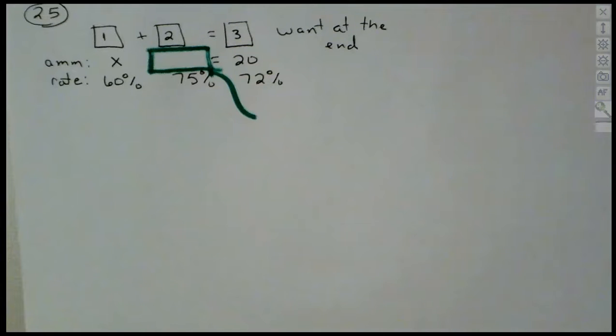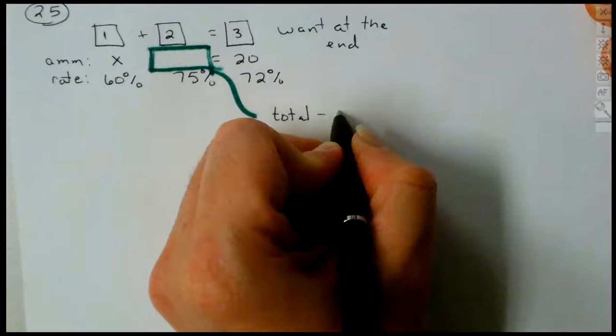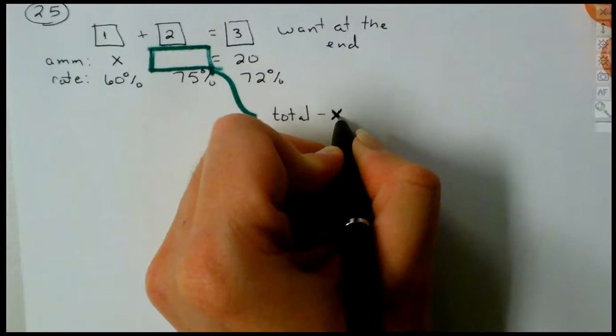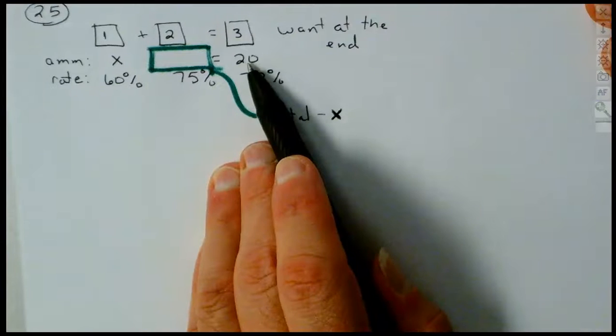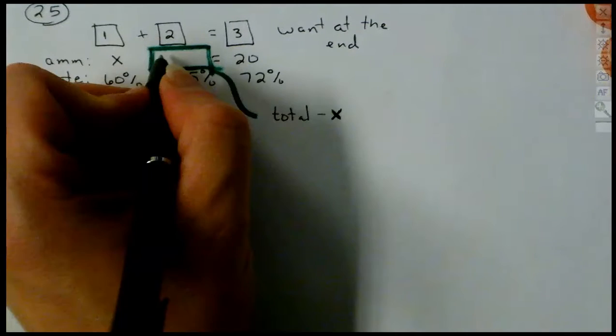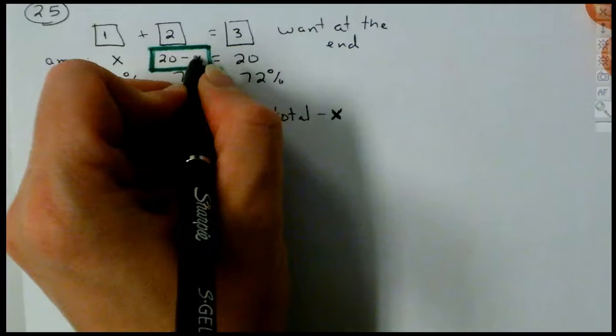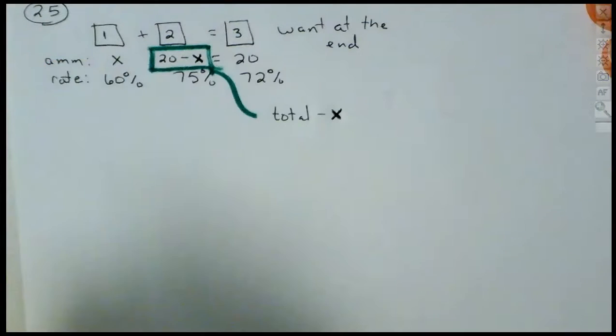Same concept here. We take our total and we take away x. Now, what's our total? In this case, our total is what we get for box 3, so that's going to be 20. So box number 2 is going to be 20 minus x.